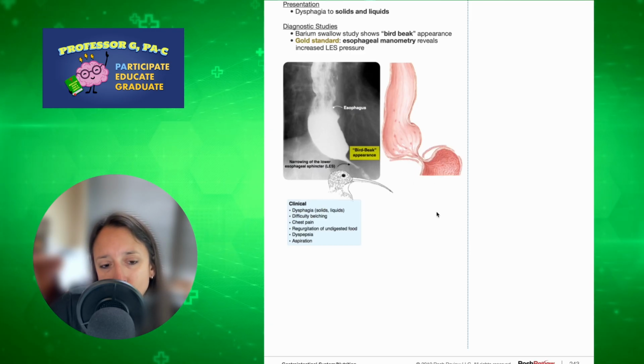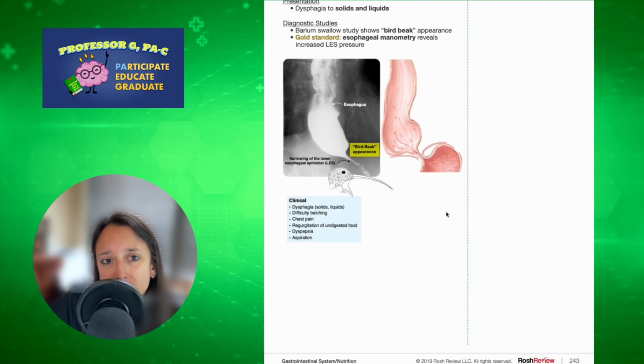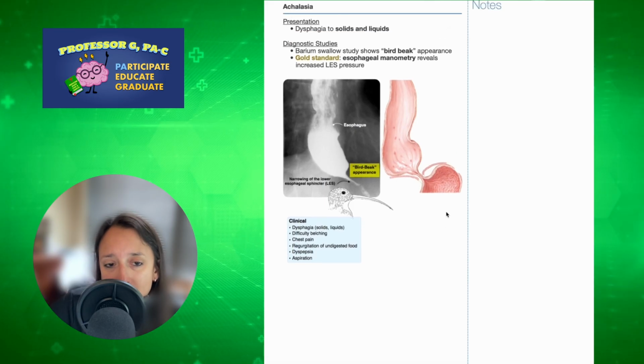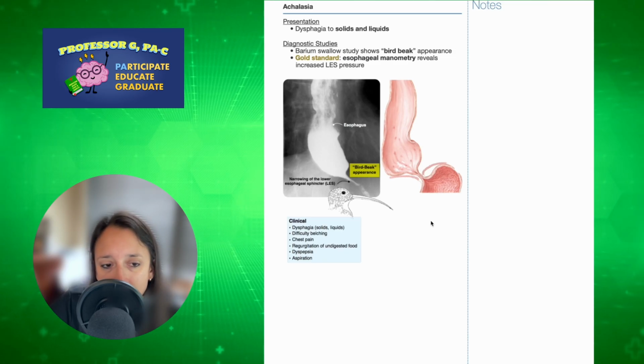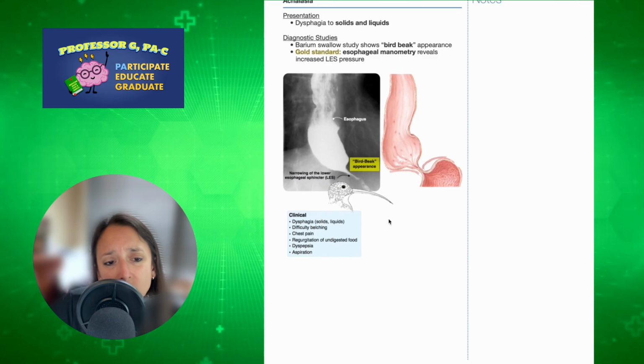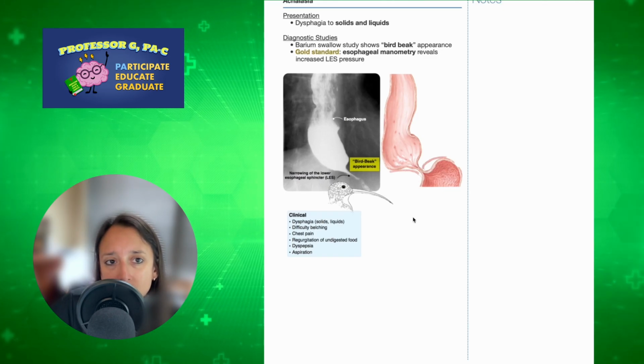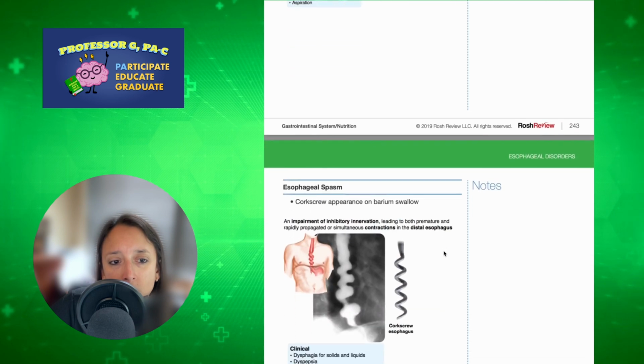We can also do Botox injections, and the last line would be Heller myotomy or a POEM, which helps release some of the musculature down here at the bottom and helps renew the passage between the esophagus and the stomach. These don't often treat very well with medications. Usually they need those procedures to get better.